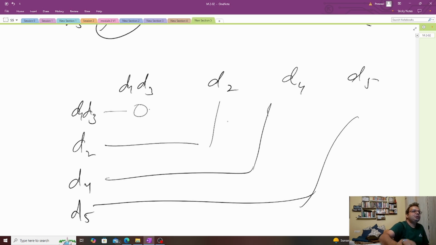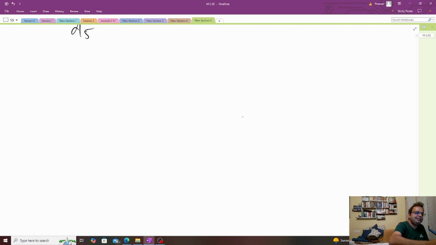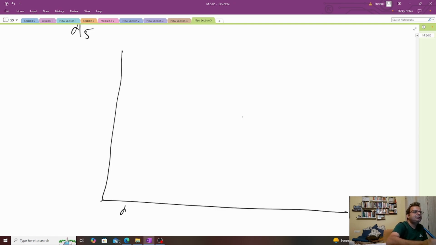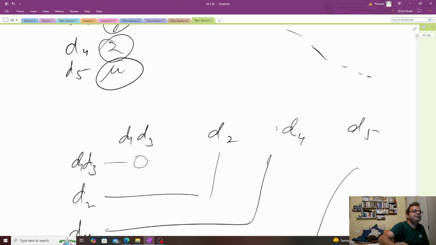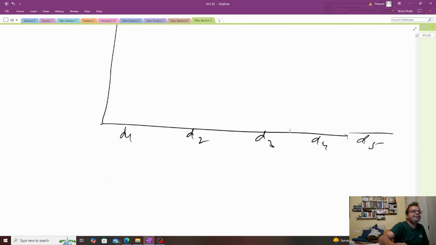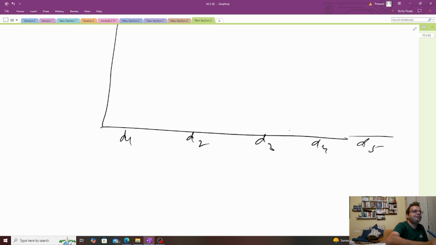If I have to represent this in another format, say these are d1, d2, d3, d4 and d5 as my clusters, and d1 and d3 came together first.